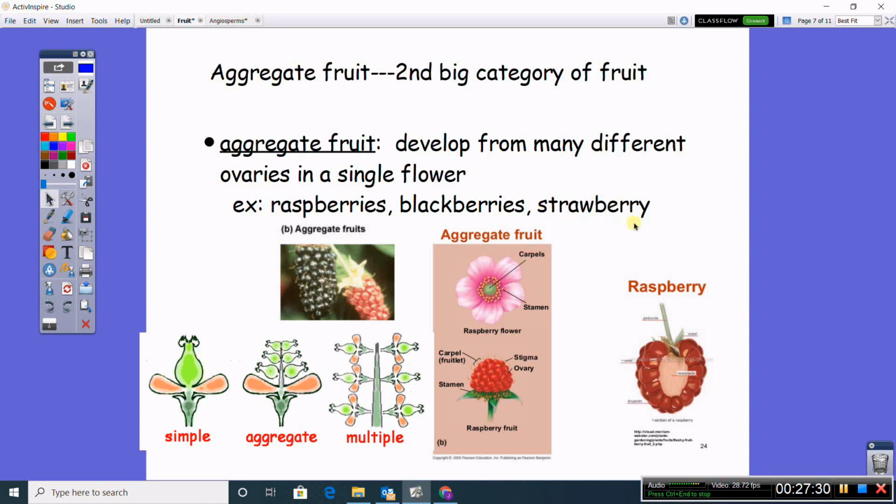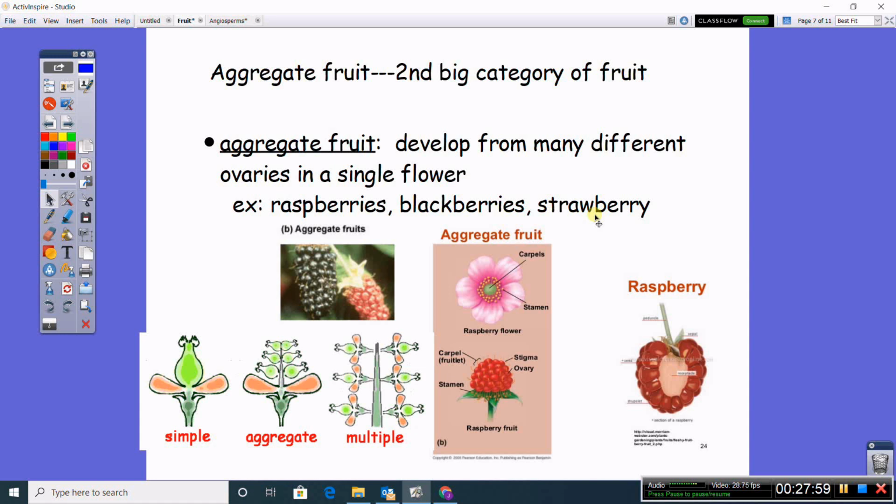Strawberries are a little bit different. I know I have those in a different flip chart, but the part of the strawberry that you eat is actually the receptacle of a flower. Remember what we said earlier? The receptacle is that swelled region at the base of a flower. Well, that's actually the strawberry that you eat. The little green leaves on a strawberry are the sepals.